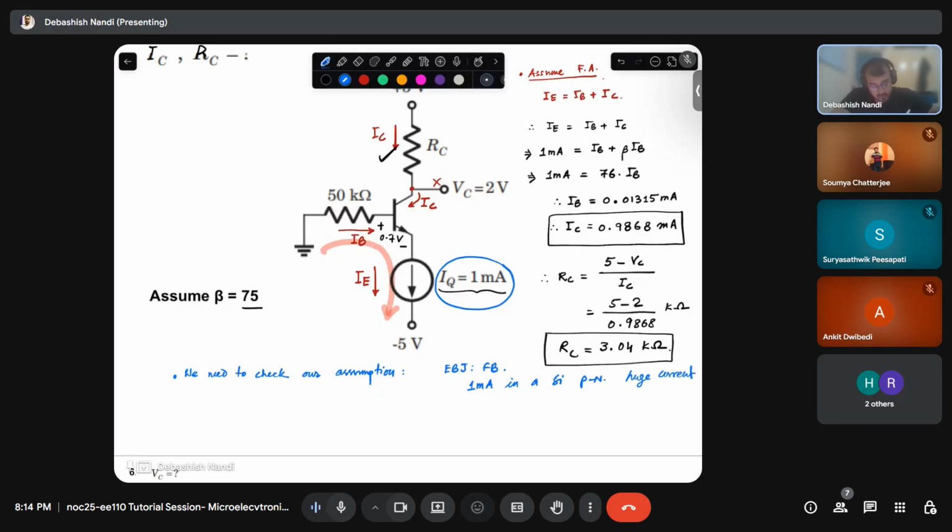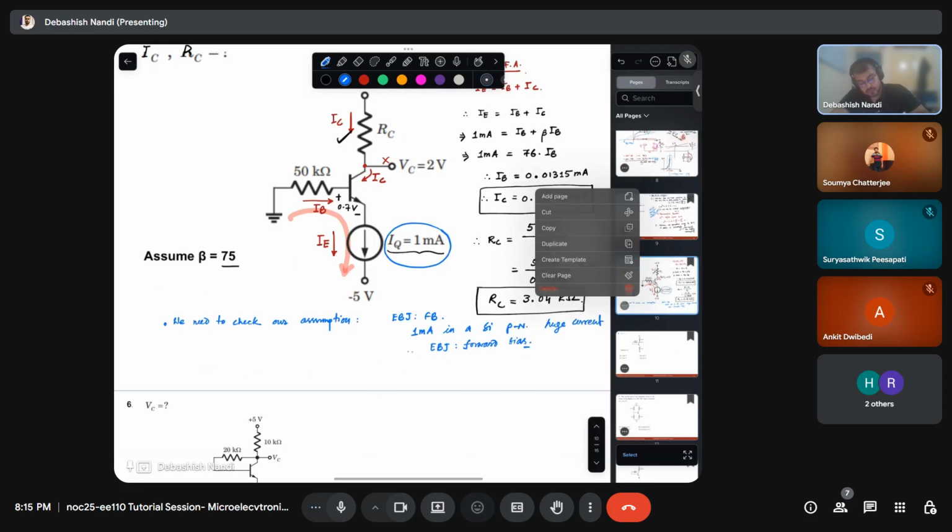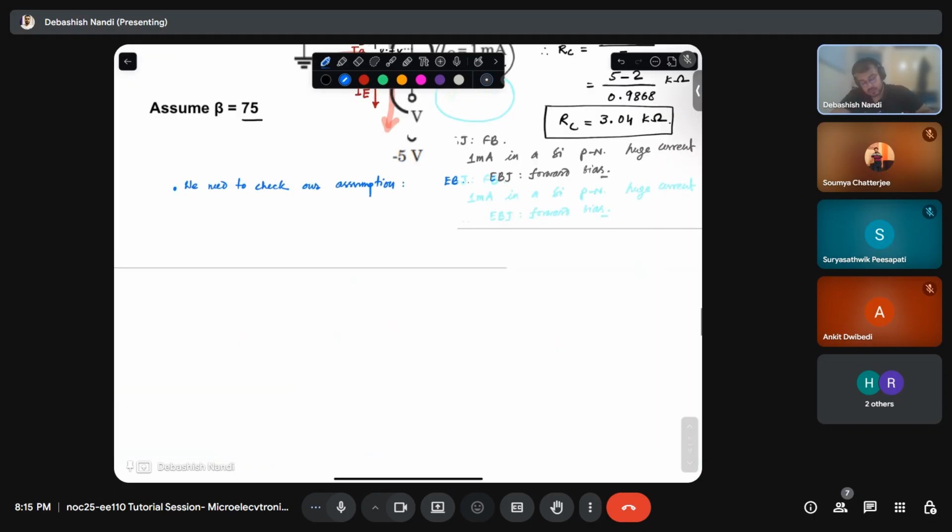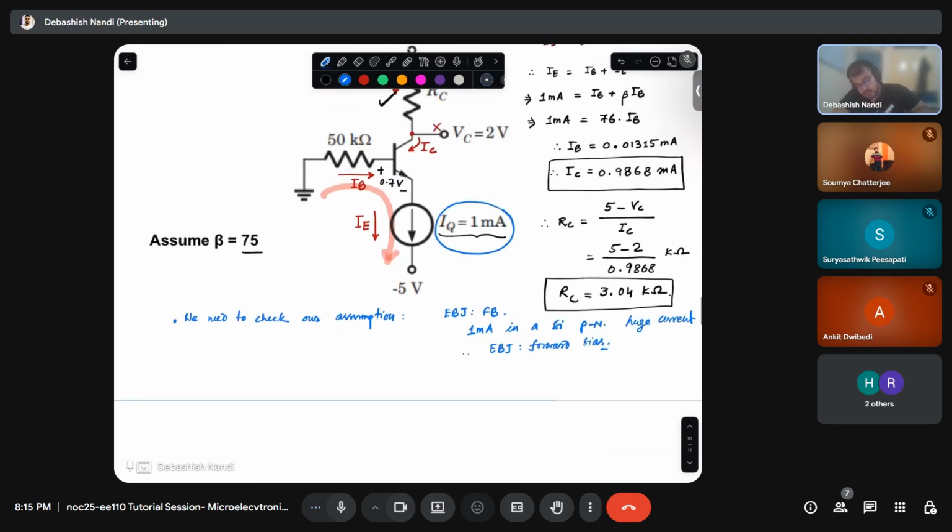That means obviously my EBJ will have to be in forward bias. But what I need to check is whether my CBJ is in reverse bias or not. Okay. So this is your IB. IB, you know, IB is how much?